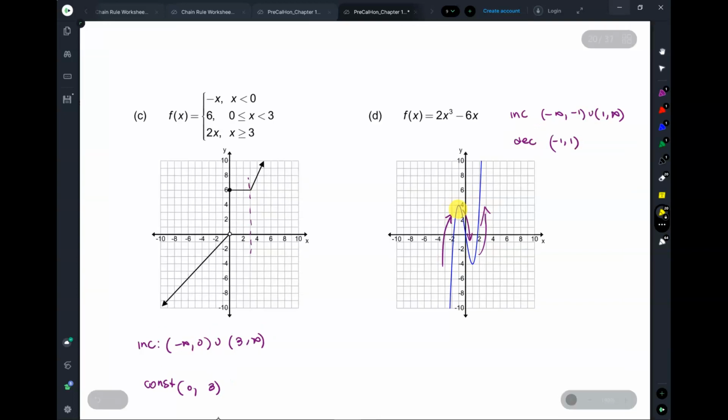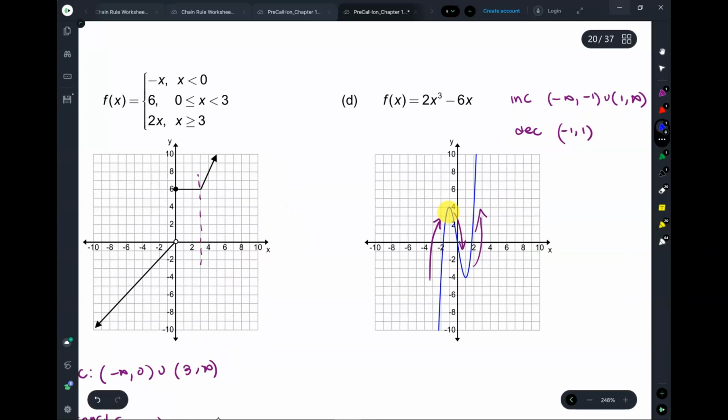So the point where the function switched between increasing to decreasing, we have a maximum. And the point where the function switched from decreasing to increasing, we have a minimum.